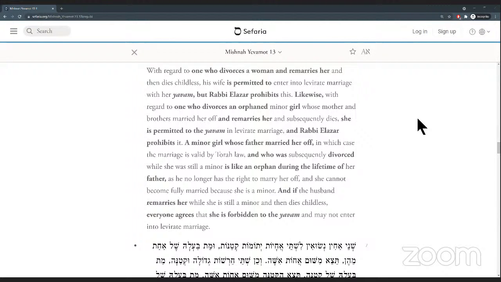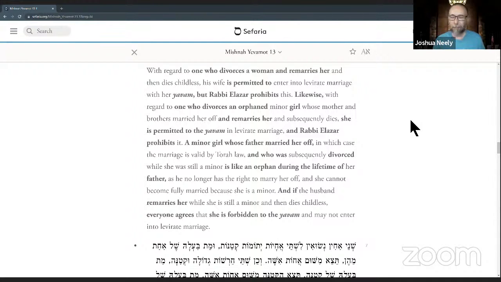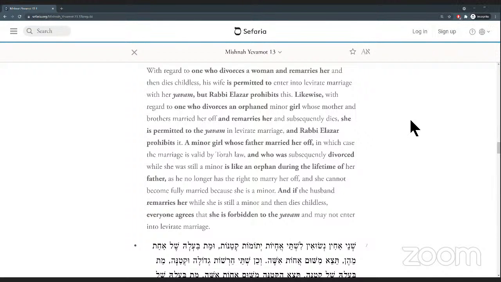I thought she couldn't remarry till she turned of age. Right, but that's what I mean by she's her own agent. So no one else can betroth her on her behalf. Any additional betrothal will happen when she is of age. All right.